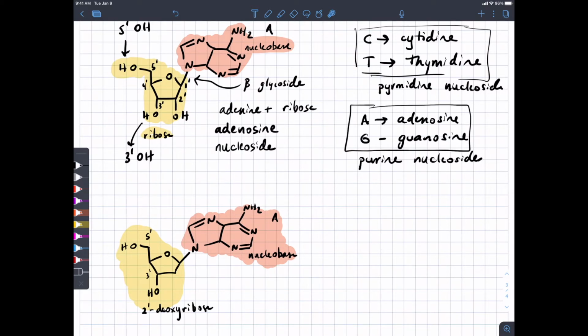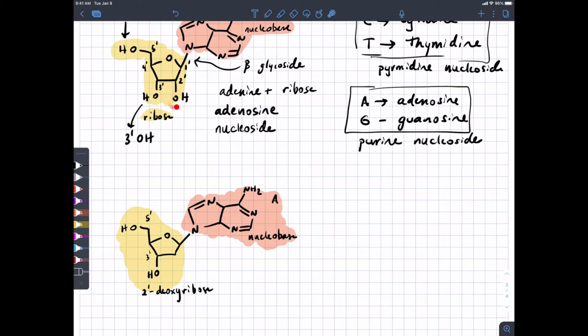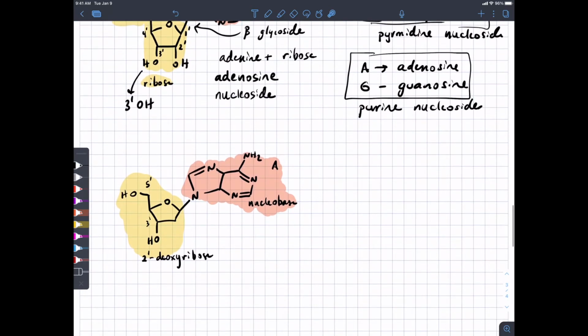Just because humans are around, we sneeze, and then suddenly there's ribonuclease everywhere. So if you work with RNA, you have to be really careful. Labs that work with RNA will have a separate set of pipettes, a separate area where you do RNA stuff. They have to use water to which you add an RNase inhibitor, because otherwise even tap water has RNases in it, and that will chew apart your RNA in your experiment really quickly. And that all has to do with the presence of this 2' hydroxyl group in RNA.